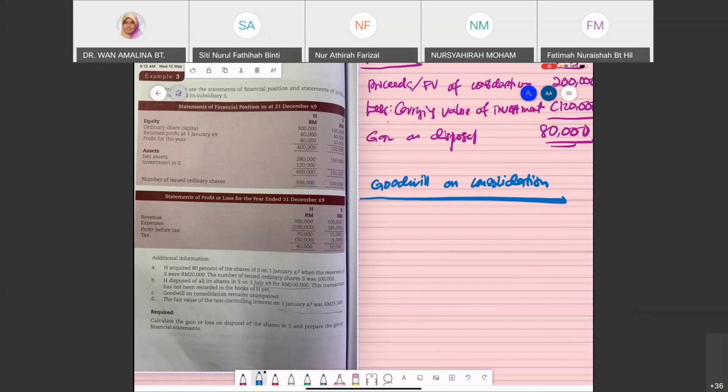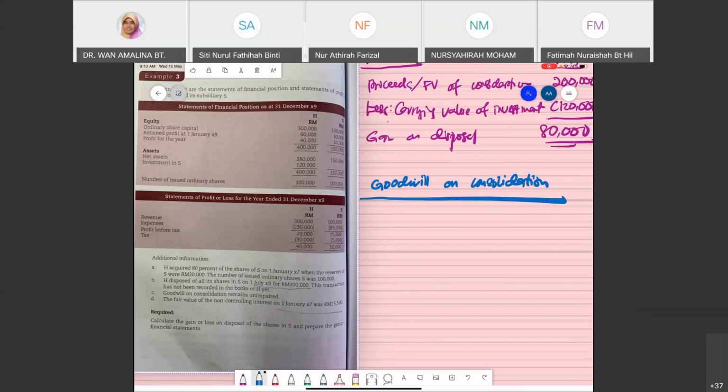Dia katakanlah parent's goodwill bila kira 200,000 and 60,000 was written off. On 1st January X7, H sold 200,000 of these shares. So dia jual lagi, sekarang dia jadi 60%. Dia jual another 20%. So the goodwill remaining on 1st January will be 140,000. So goodwill pun tak berubah. Macam tu lah. Daripada goodwill minus impairment. Sama. Dia tak akan affect goodwill.